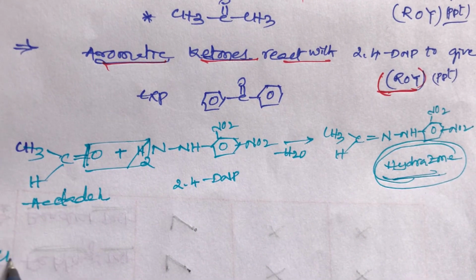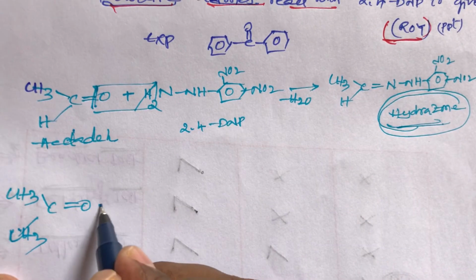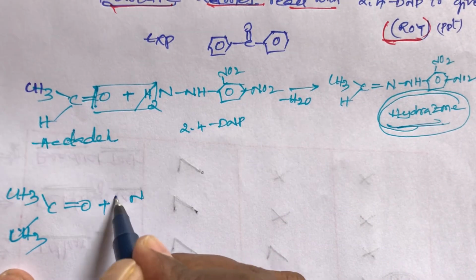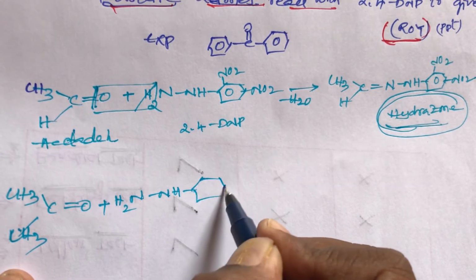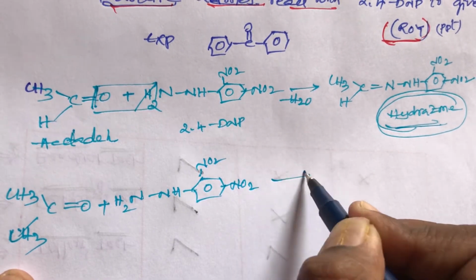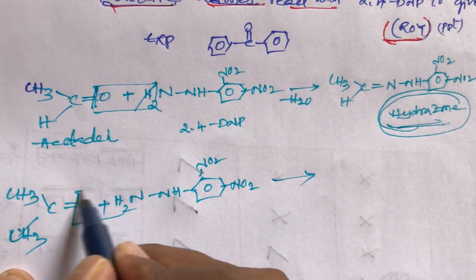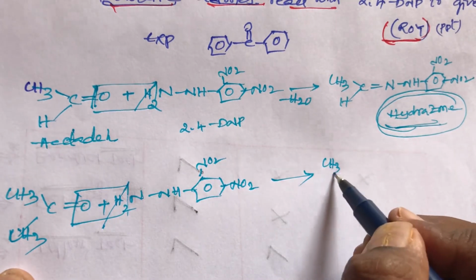Now take one more example, students. Ketones also do the same thing. When acetone reacts with 2,4-dinitrophenylhydrazine, NH2-NH, what happens? In this step also, water is eliminated: H2 from here, oxygen from here.